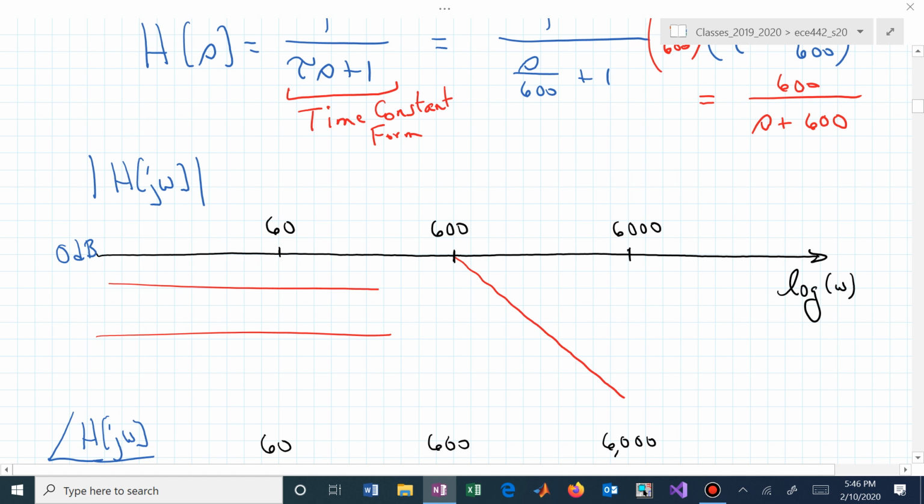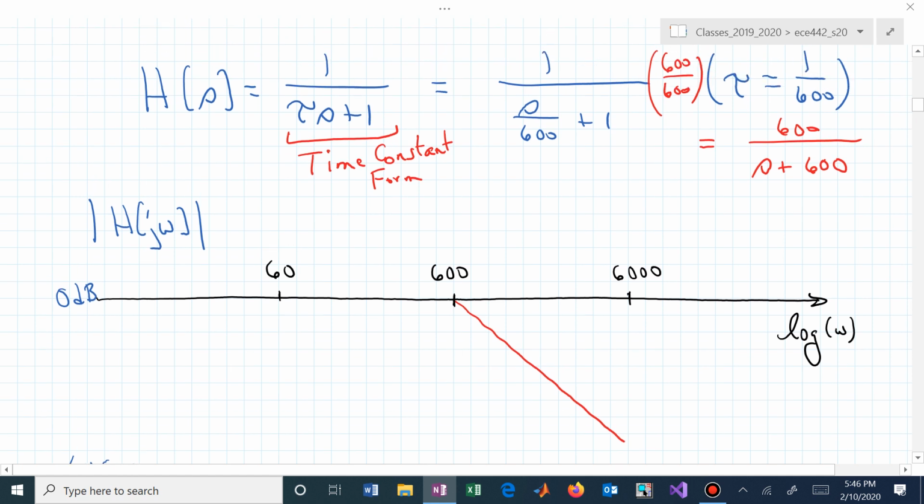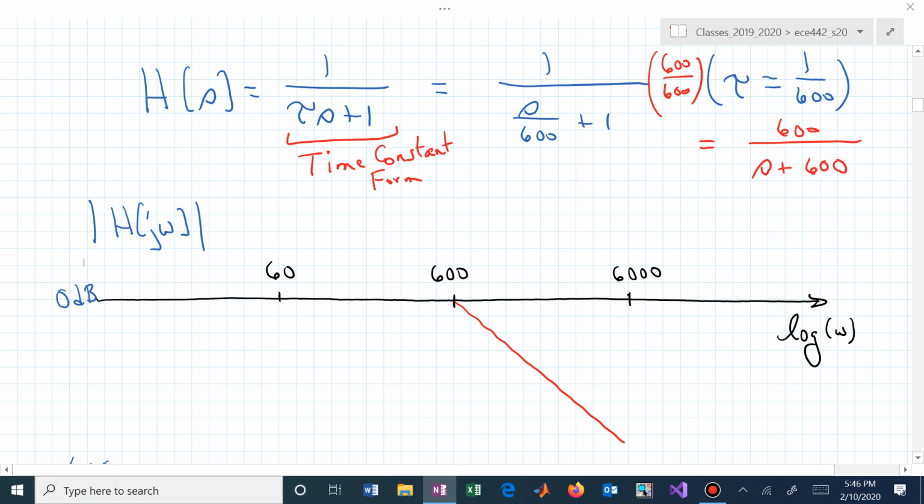Where do I start for low frequencies? 0 dB, because I have a DC gain of 1, and log of 1 is 0. That's why I was starting that break at 600 from 0 dB. This is because h of 0 was equal to 1. And in dB, that gives us 0 dB.